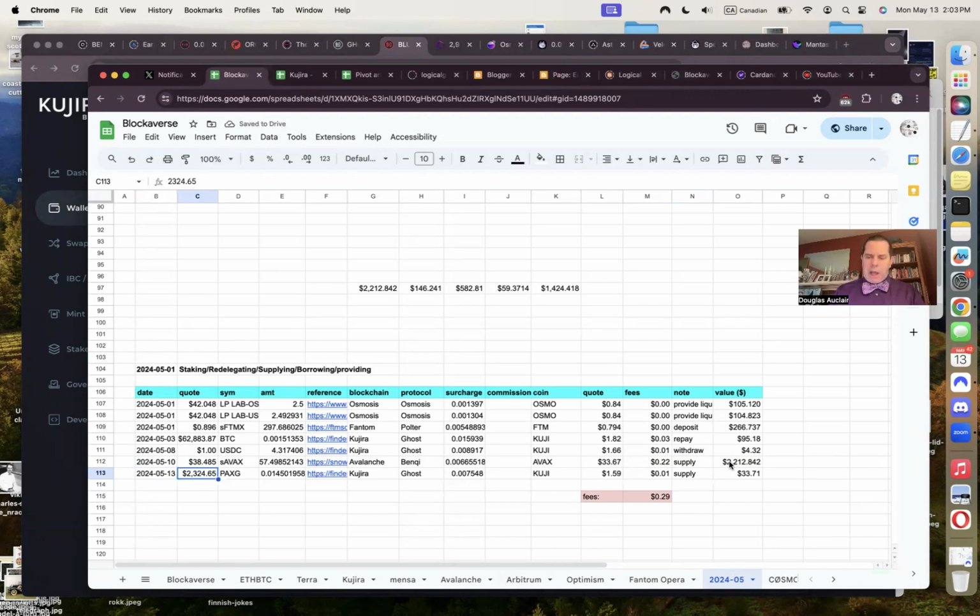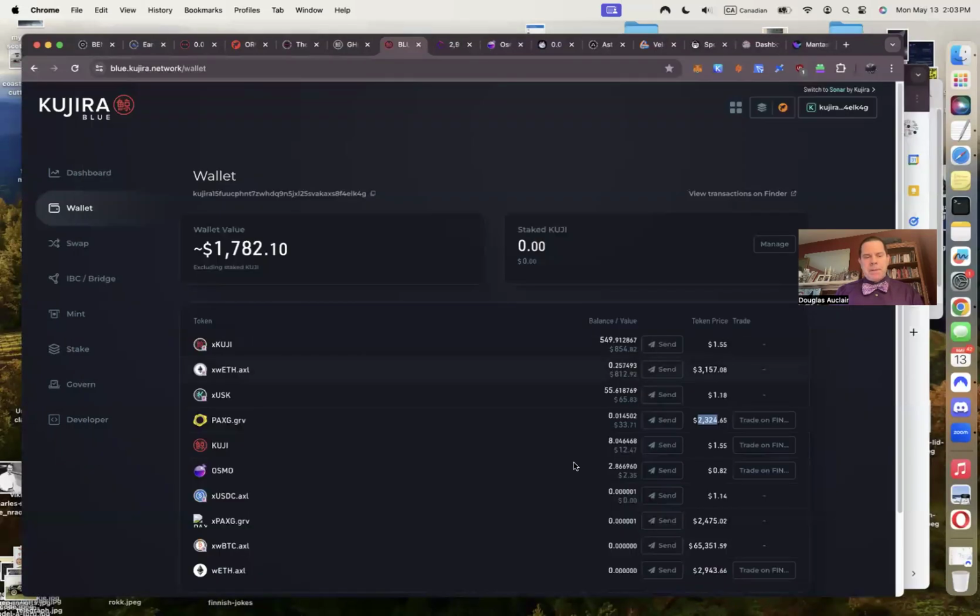Again, I bid $26 worth of gold. I'm purchasing back $33 worth of gold from that liquidated Kuji. Okay, so now I have the gold, and that is lent to Ghost, and you see it recorded here.